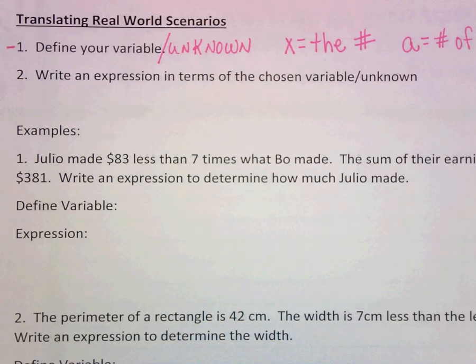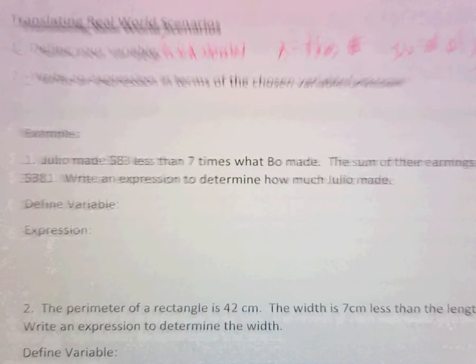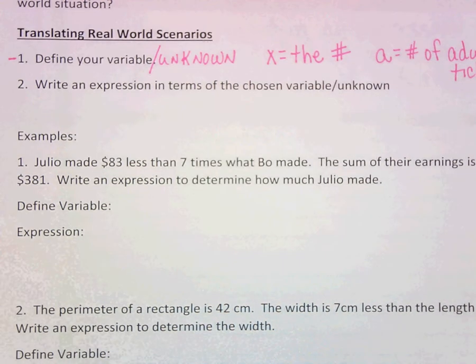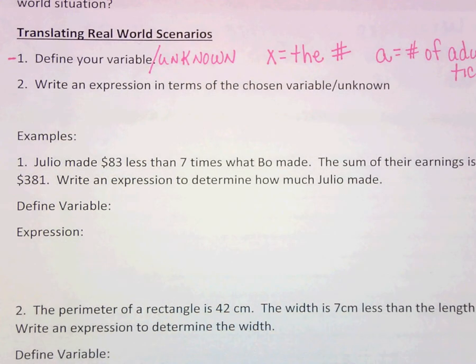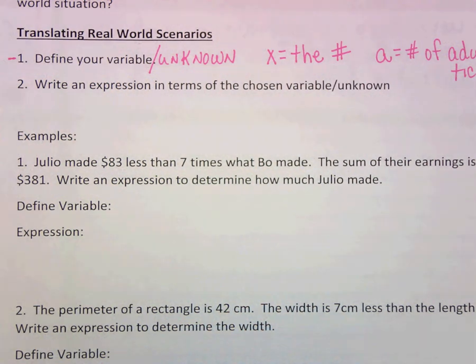Okay, so read that to yourself. Zoom out just a little bit. Julio made $83 less than 7 times what Bo made. The sum of their earnings is $381. Write an expression to determine how much Julio made.